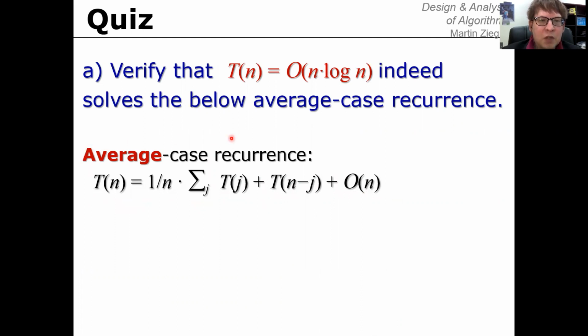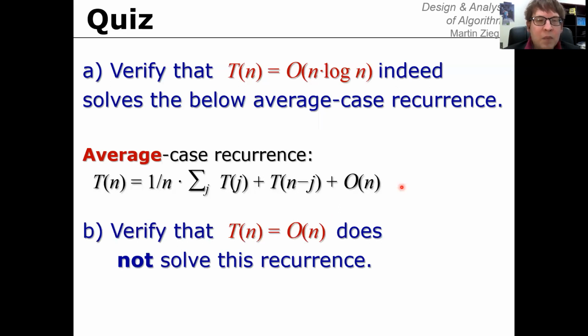So please do not try to derive it again, but instead do a purely mathematical task of proving that O of n log n is indeed a solution to this average case recurrence. That's part A of the quiz.